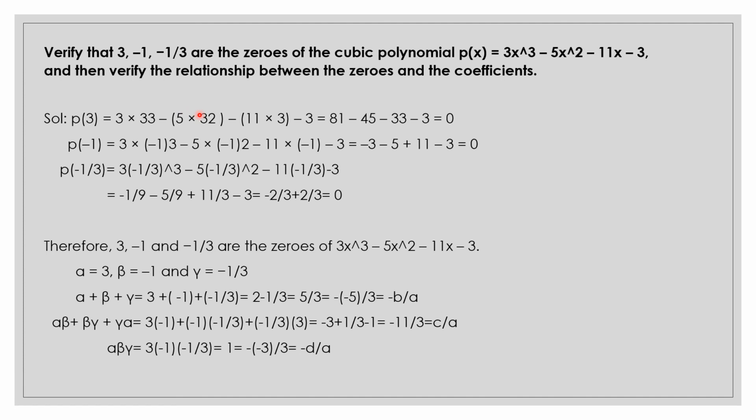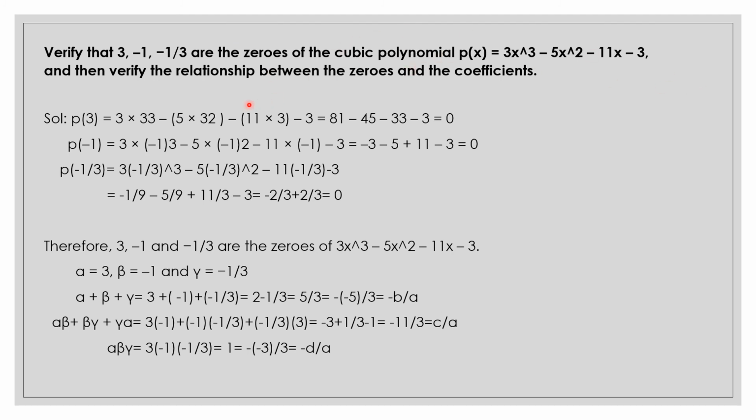Okay, now let's view an example for a cubic polynomial. This is a very important question. They've asked us to verify that 3, minus 1, and minus 1 by 3 are the zeros of the given cubic polynomial, which is very easy.